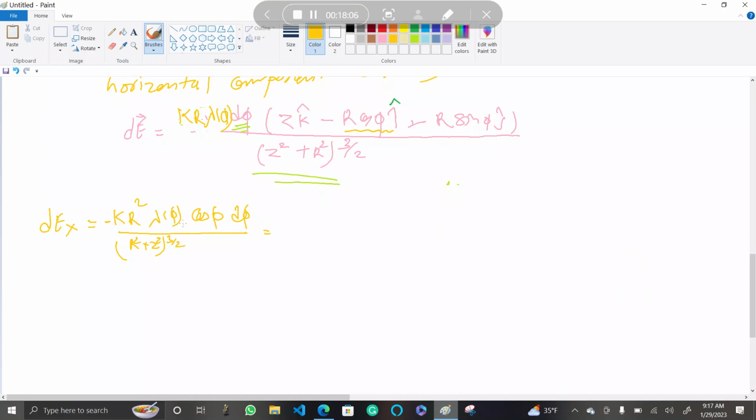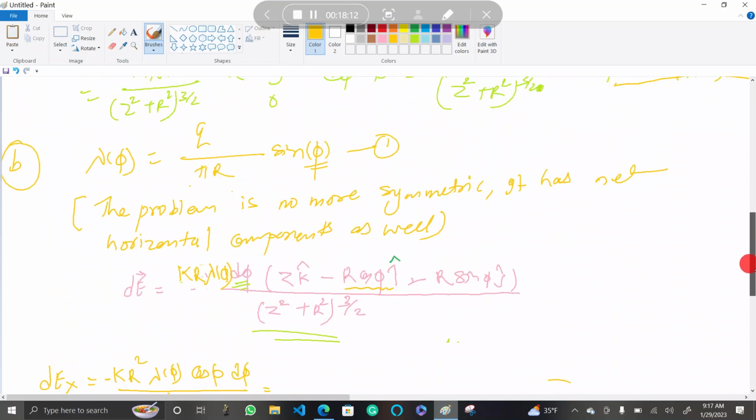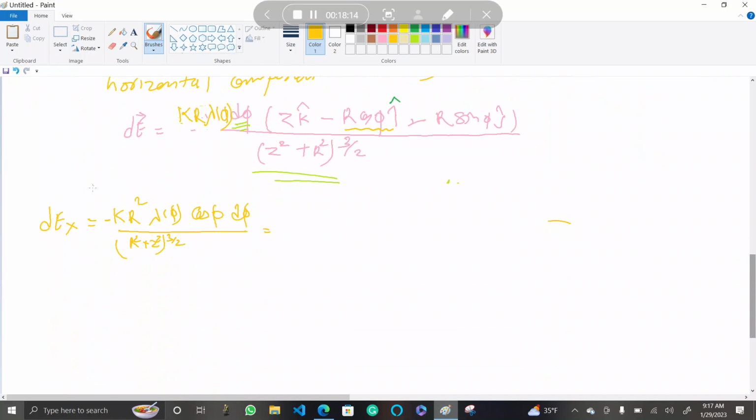Now we have lambda phi equals q by pi r sine phi. So I write minus k r square q by pi r sine phi cos phi d phi divided by (r square plus g square) to the power 3 by 2.